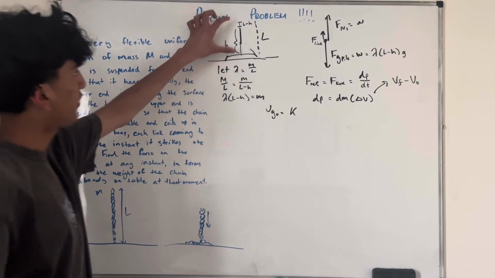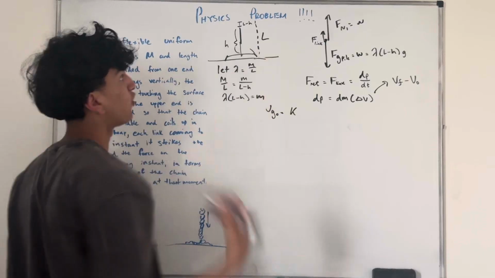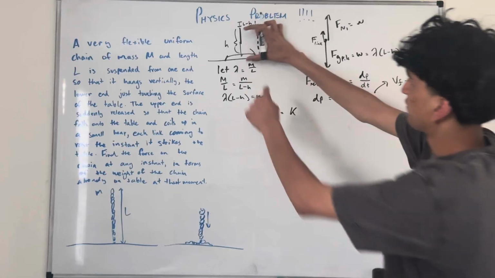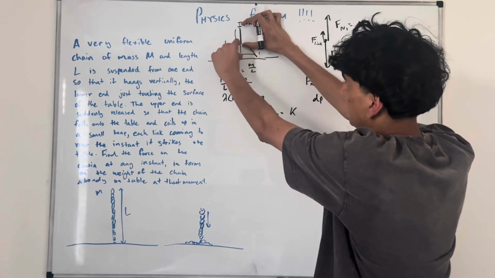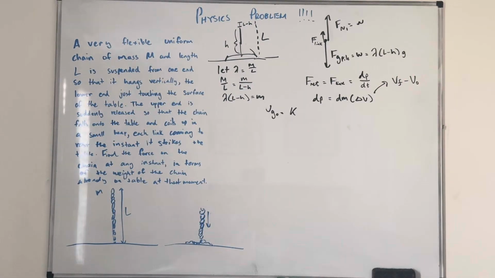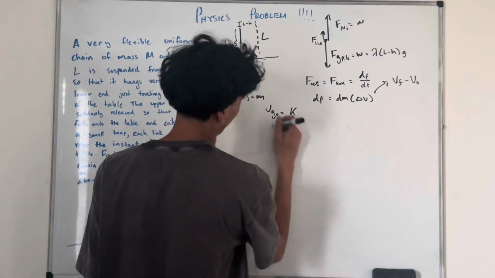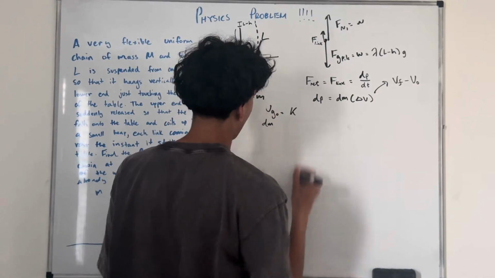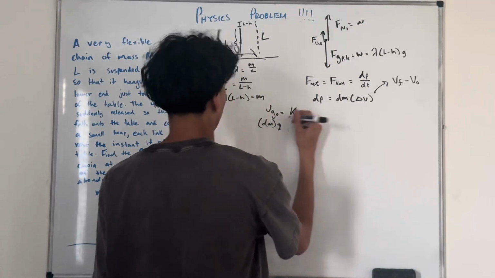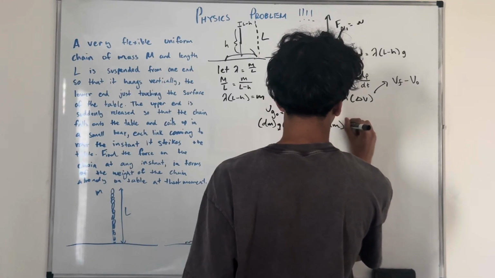If I think about any link on this thing, this bottom link has fallen a distance L minus H, because if I were to shift this whole thing back up, each link by this time has fallen the same distance L minus H. So the change in UG, dm times g times the height L minus H, is going to equal 1/2 dm v squared.